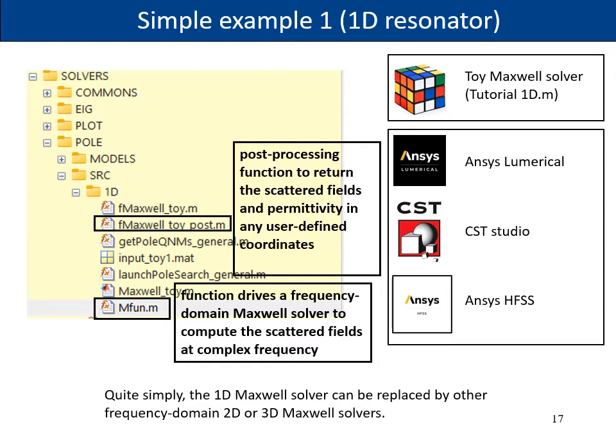In our case, it is this toy Maxwell solver to compute the scattered field at a complex frequency. And the other interface function is this post-processing function, which is able to return the scattered field in any arbitrary given coordinates based on the result computed by the mFun function before.